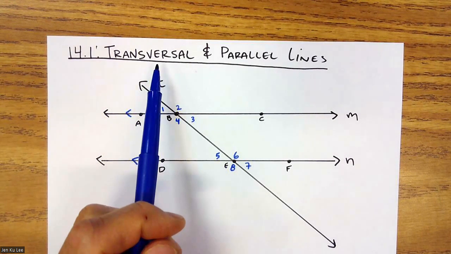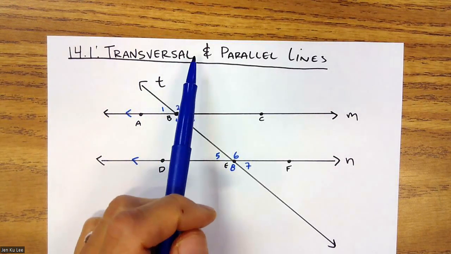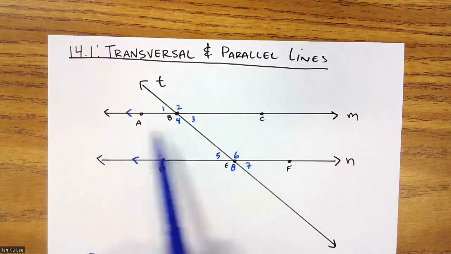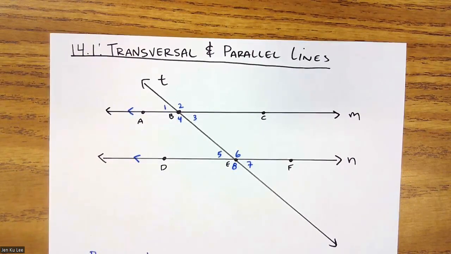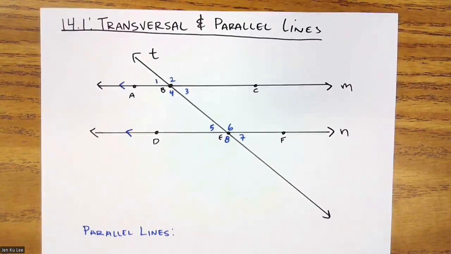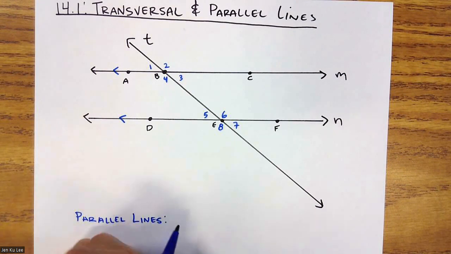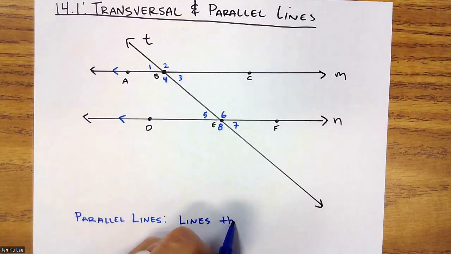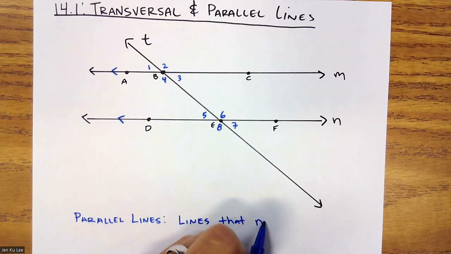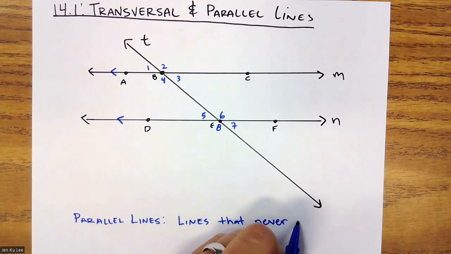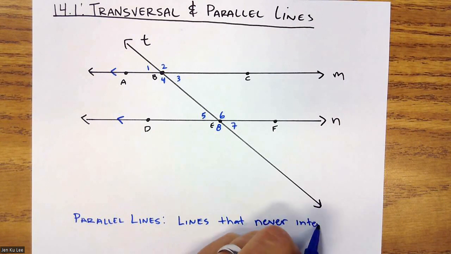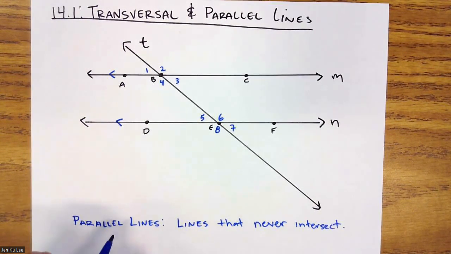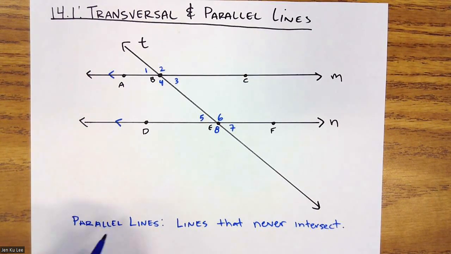So the vocabulary words for today are transversal and parallel lines. Parallel lines are the two lines that you see horizontally here, and they have a special characteristic because they are lines that never intersect. Okay. So they'll never, ever, ever intersect.